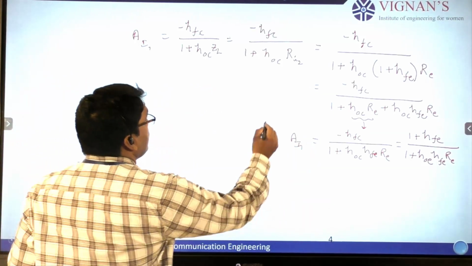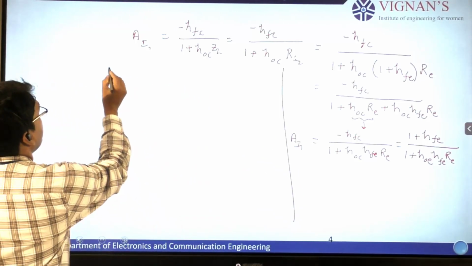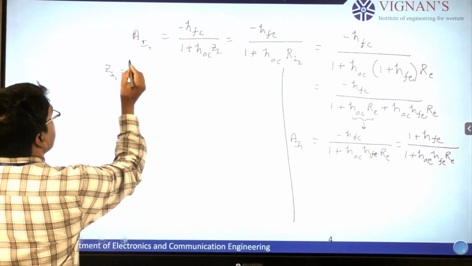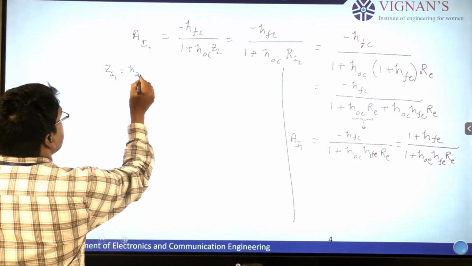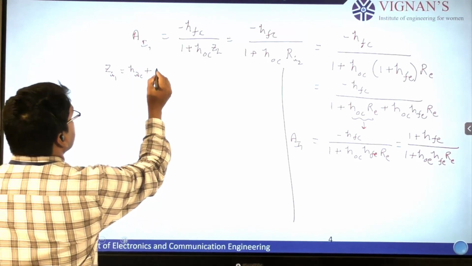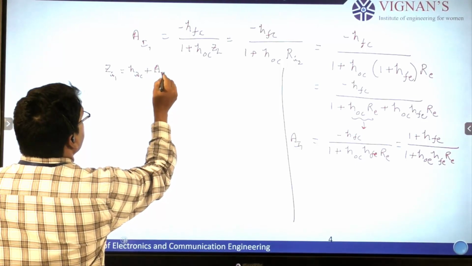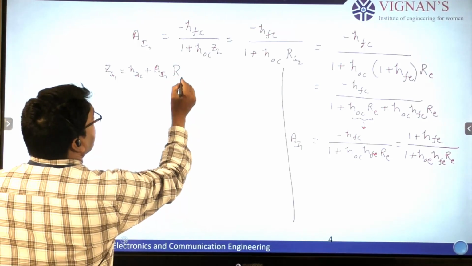Now similarly, the input resistance of the first stage is Zi1 equal to hic plus hrc, which is already 1, AI1, ZL is Ri2.